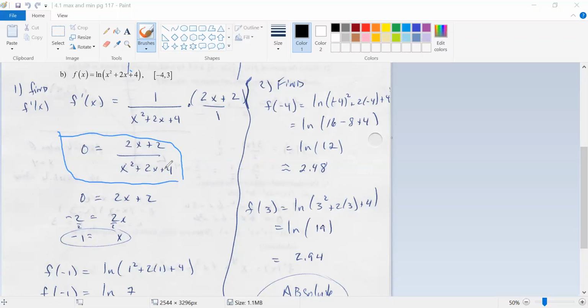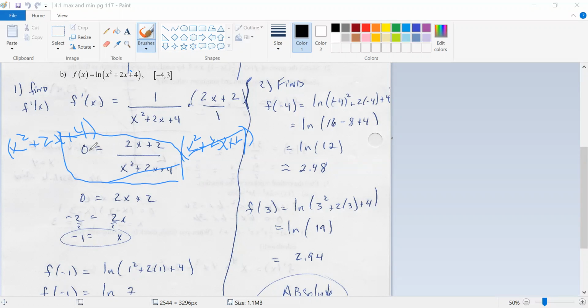And if you multiply both sides by x squared plus 2x plus 4, and over here, same thing, x squared plus 2x plus 4, this will go with this. And 0 times anything is itself.